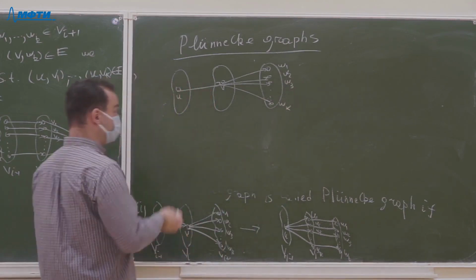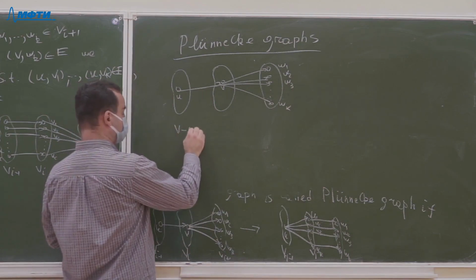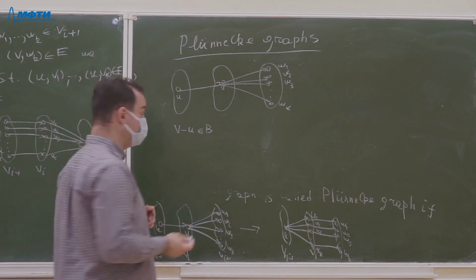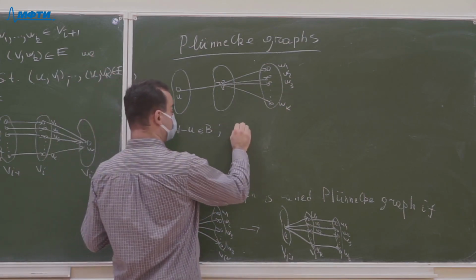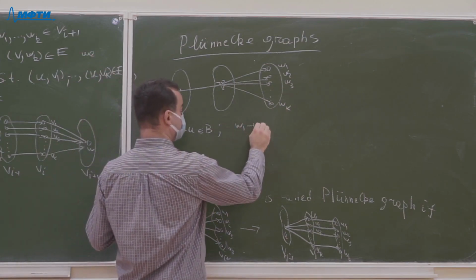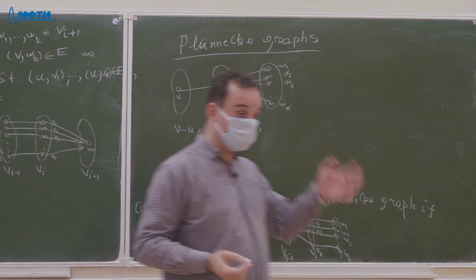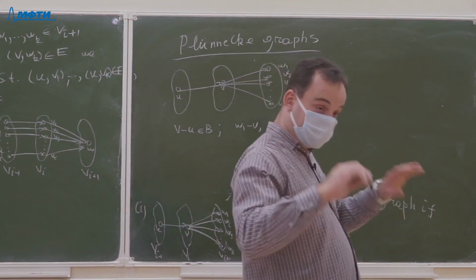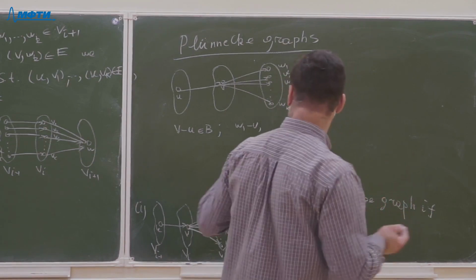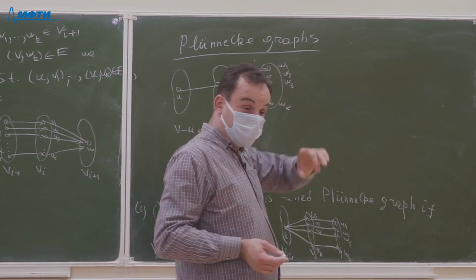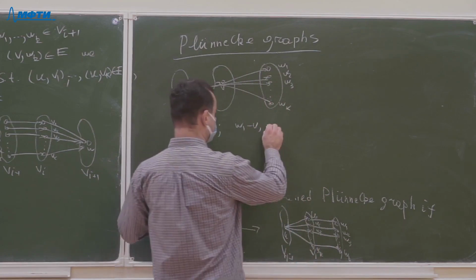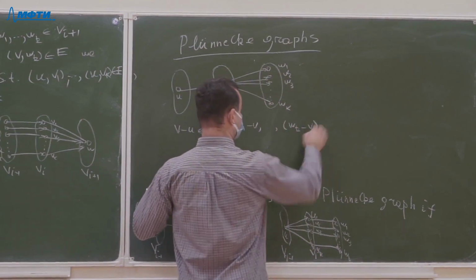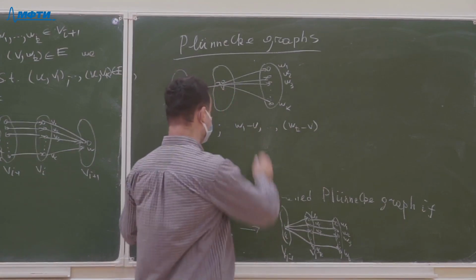So we have V minus U in B, right? And W1 minus V. I just remove the second component, sorry, but if I do this in a more formal way, it takes even more time. These are also in B, right?